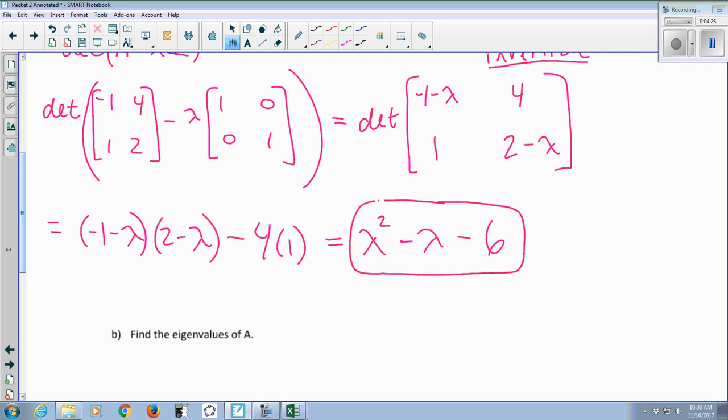That is what's known as the characteristic polynomial, a polynomial with lambdas in it. For a 2 by 2 matrix, it'll always be quadratic. For 3 by 3, it's going to be higher degree.